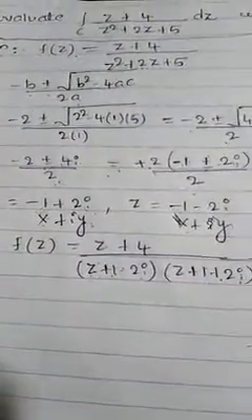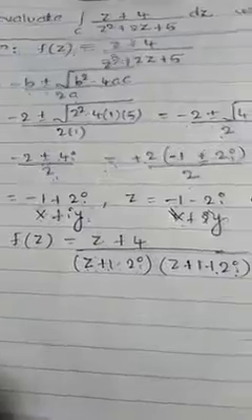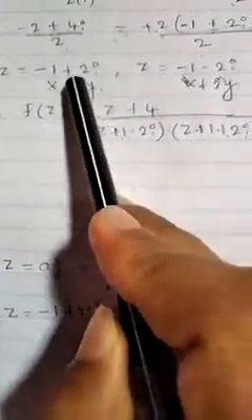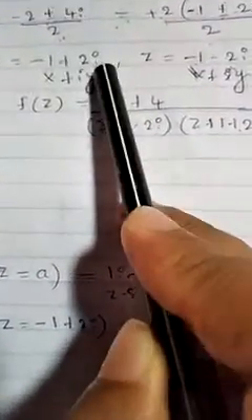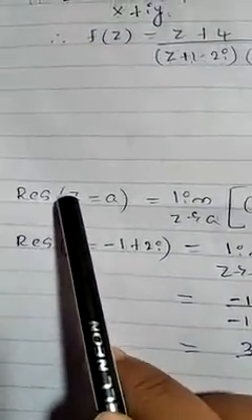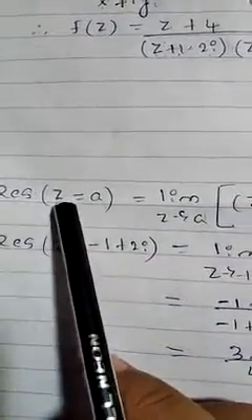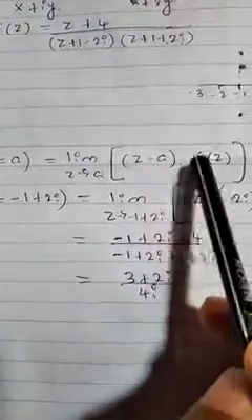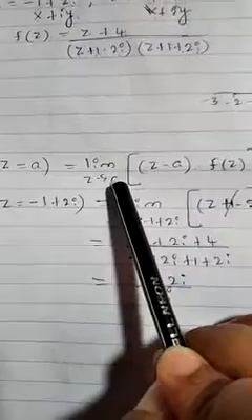Write the residue. Here z equal to minus 1 plus 2i is a pole of order 1. Therefore the formula for the residue at a simple pole: residue at z equal to a is the limit of z minus a into f of z as z tends to a.